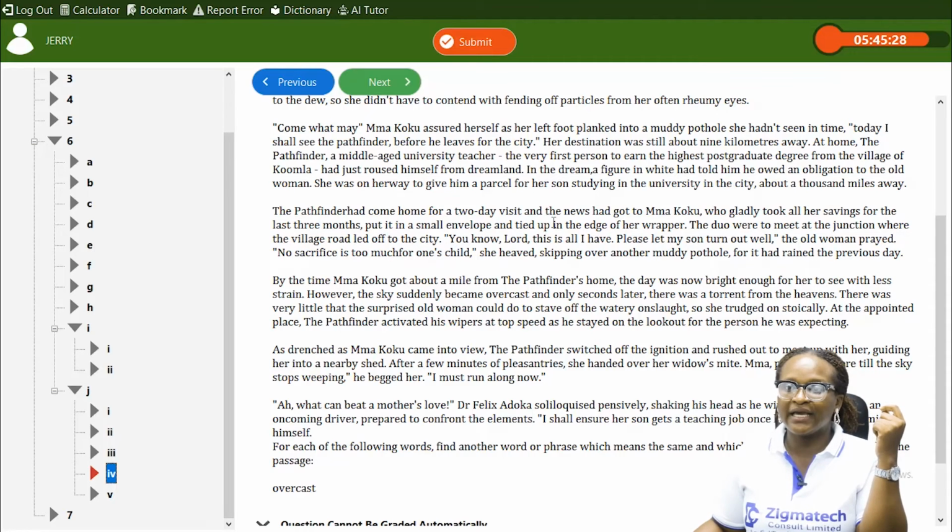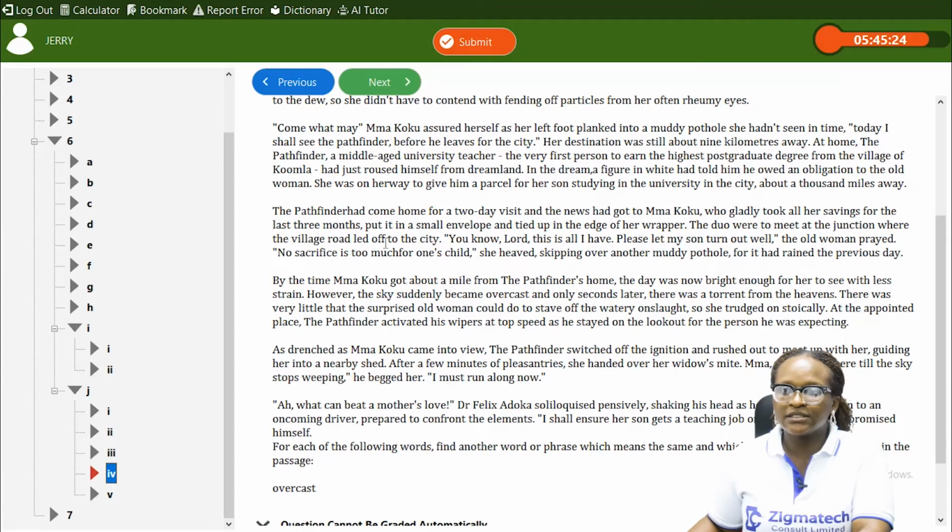It says the pathfinder came home for a 2-day visit. All right, small envelope wrapper. The two were to meet at the junction where the village road led to the city. All right, overcast is the word that I'm looking for. Next paragraph, pathfinder's home.